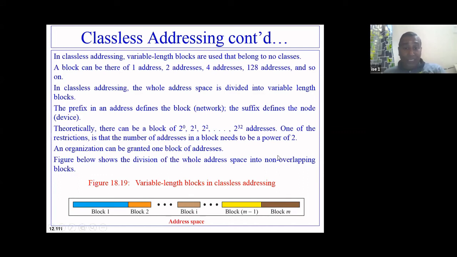That was the only condition. This was called a variable length block in classless addressing.